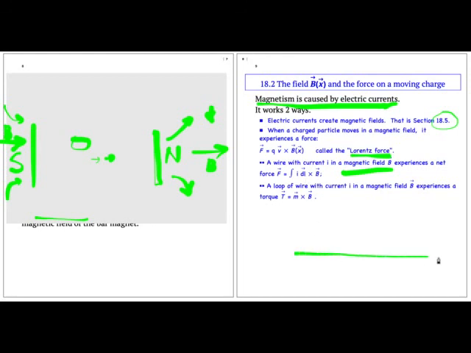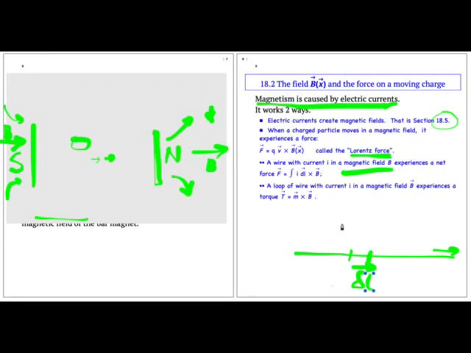So here's the wire. Here's a little section of the wire, delta L, let's call it, is a little section of the wire. It has a direction parallel to the wire, so it's a vector. So there's delta L. And inside that little section of wire, there are many moving charges.